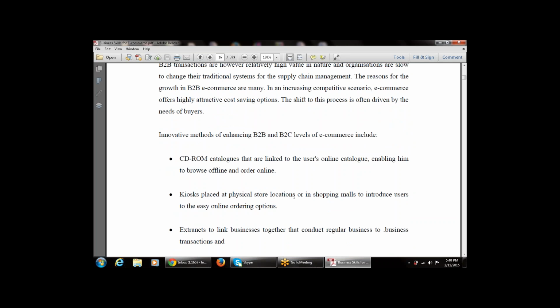That is also a kiosk. Then the next category is extranet to link businesses together that conduct regular business to business transactions, that is using the extranet to link the various businesses together for regular B2B transactions.